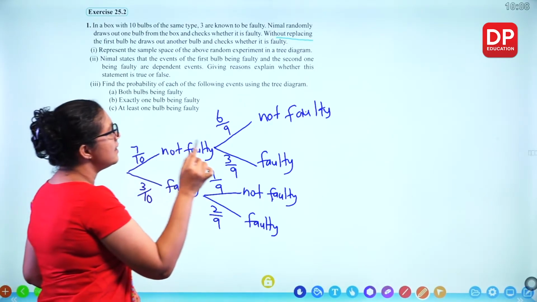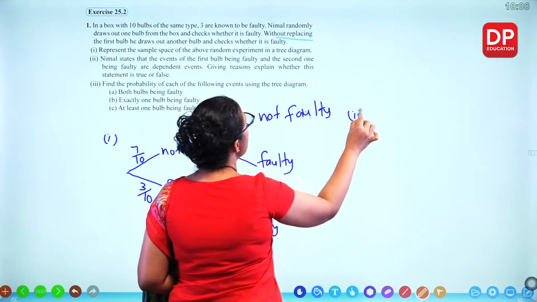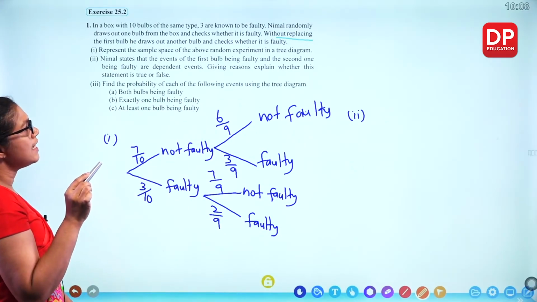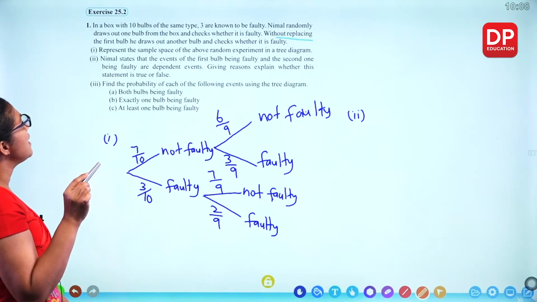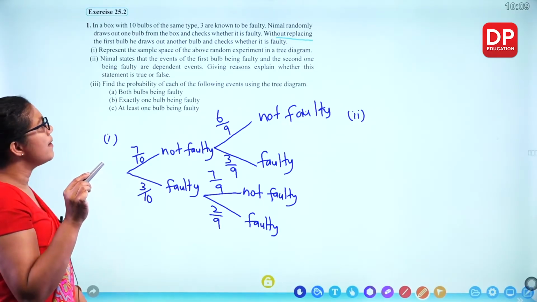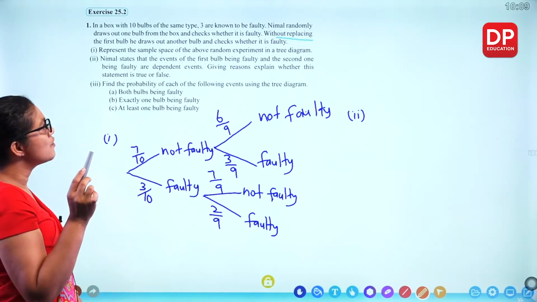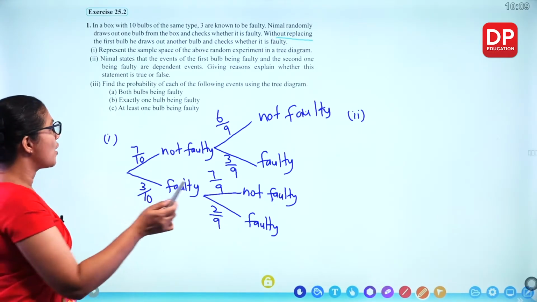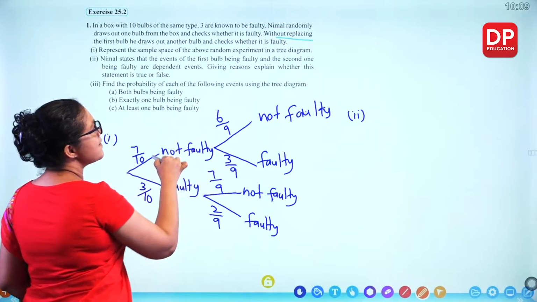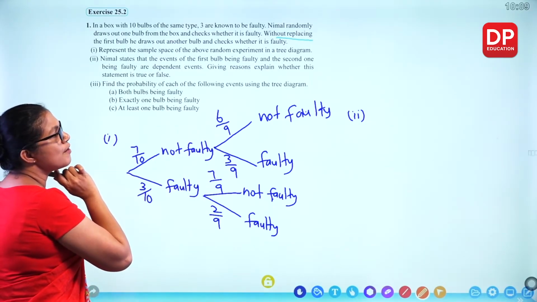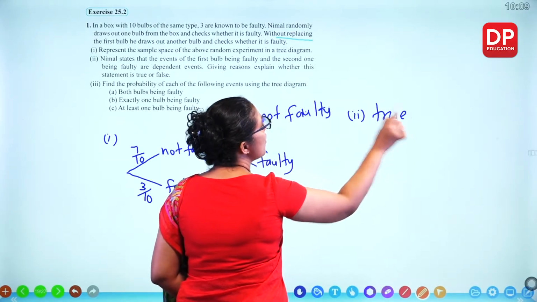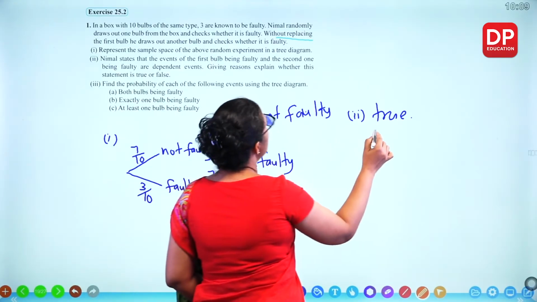And here part 2, it says, Nimal says that the events of the first bulb being faulty and the second one being faulty are dependent events. Is this true? This is true because not replacing the first bulb. So it's true. What's the reason?